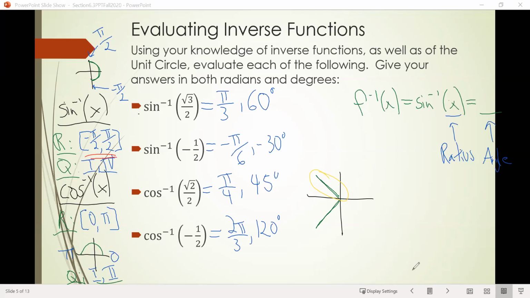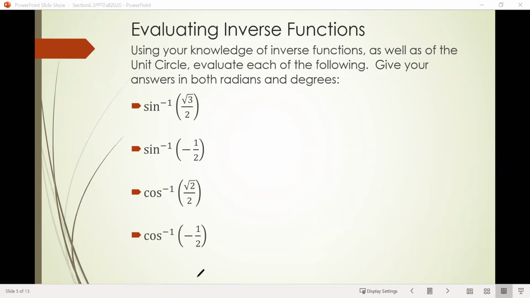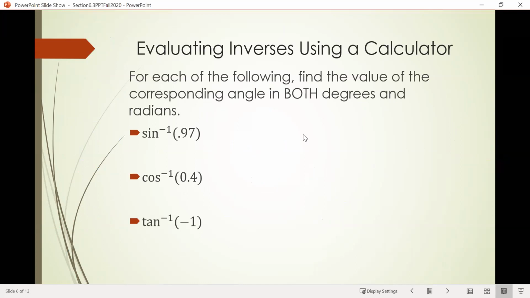All right, let's look next then at evaluating these if we have values that are not on the unit circle. So here we're asked to find inverse sine of 0.97, inverse cosine of 0.4, and inverse tangent of -1. And here we're going to focus more on finding the answers for these in radians.